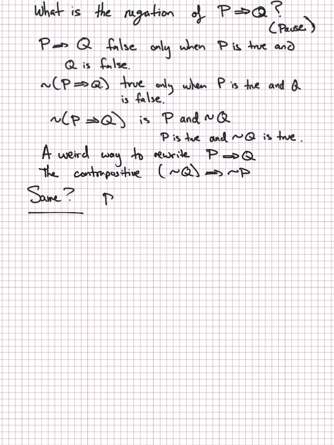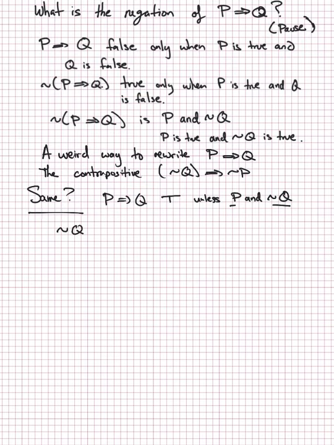Well, now I'll just say P implies Q is true unless P and not Q, right? This is what we saw for the negation. So it's true unless we have this one case where P is true and not Q is true.